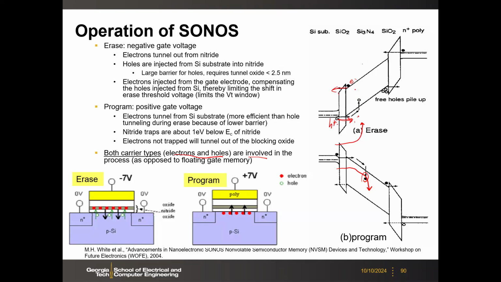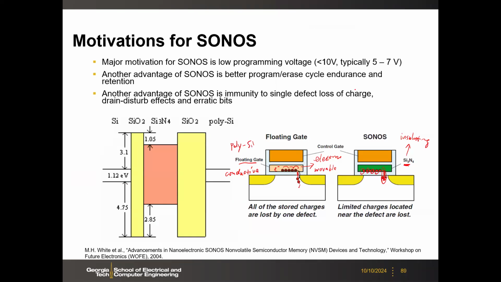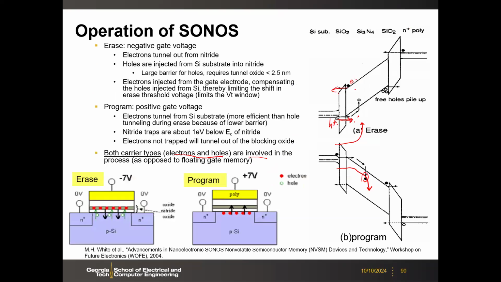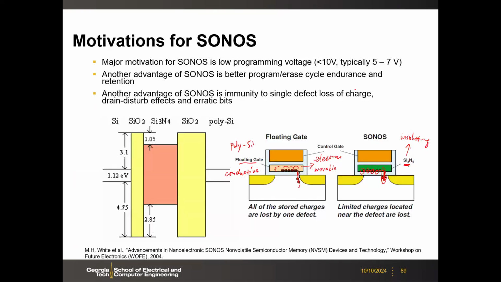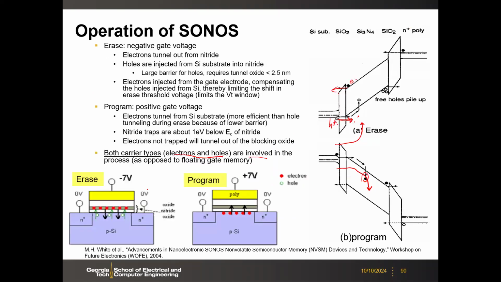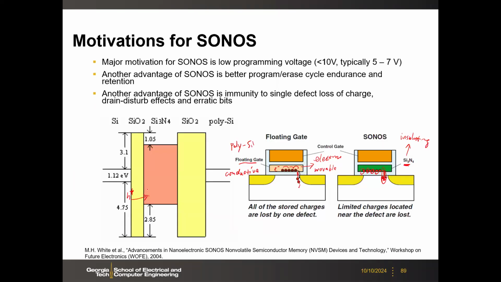The reason is that if you look at the barrier height for the holes, it's not that high. But still it seems a little bit high. Why would we claim that holes will be involved? The barrier height is still higher than for electrons.